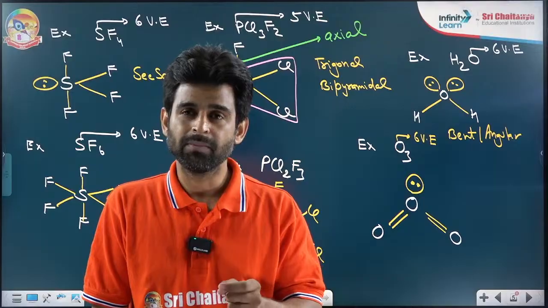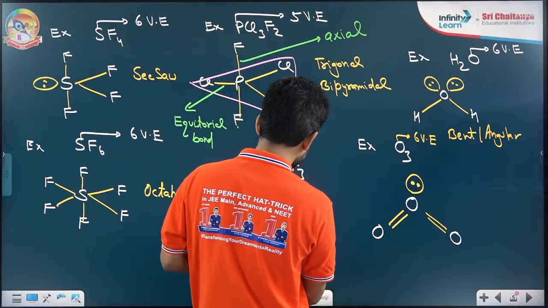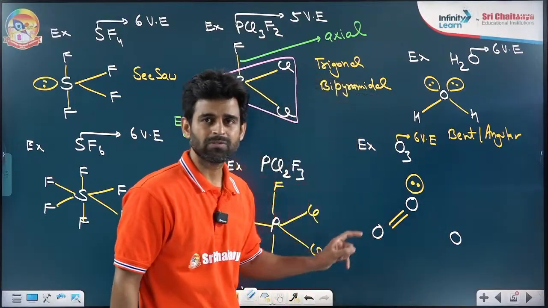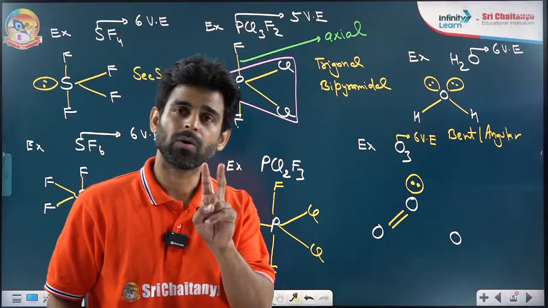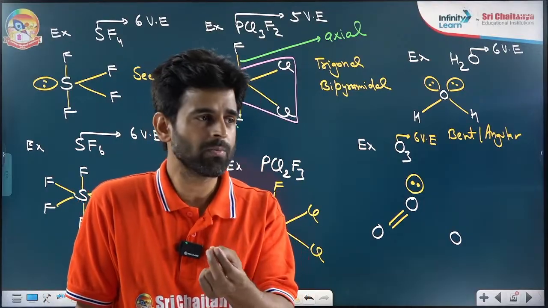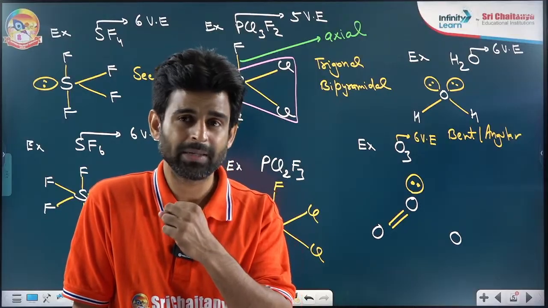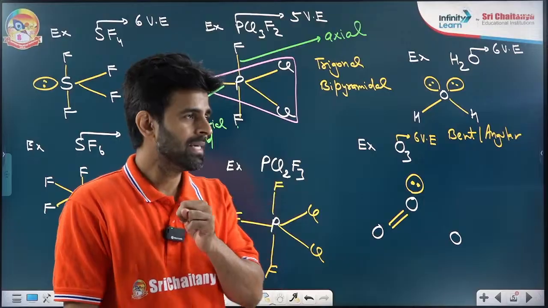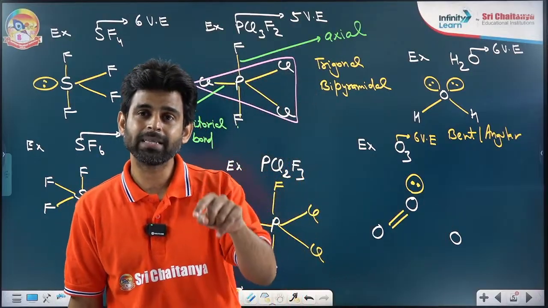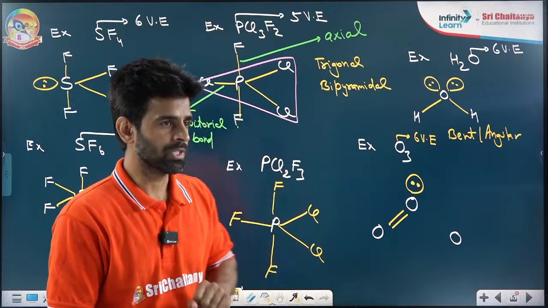Remember, when you have made these 2 bonds, the octet of oxygen is already complete, because normally oxygen wants to make how many? Normally oxygen wants to make only 2 bonds, right? So I can't make a double bond here, because making this double bond will expand the octet of oxygen.